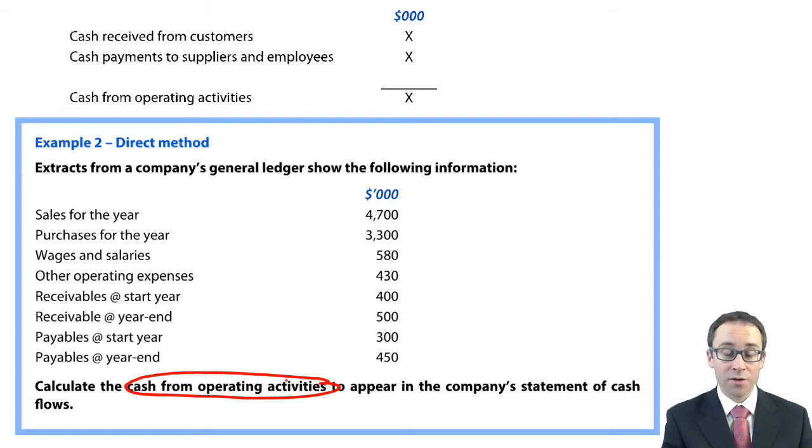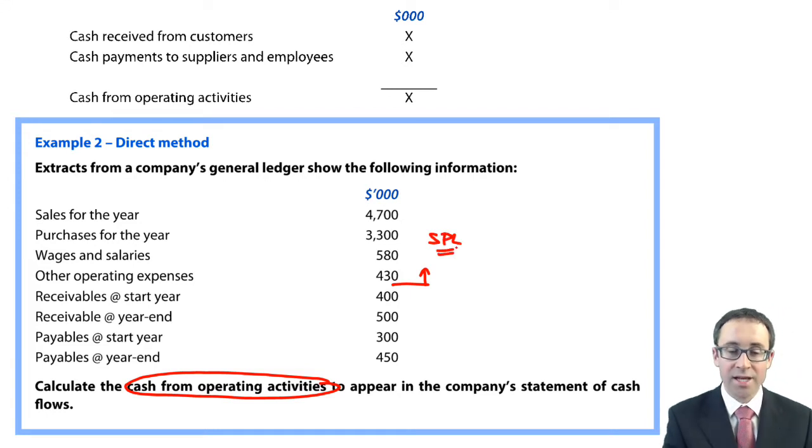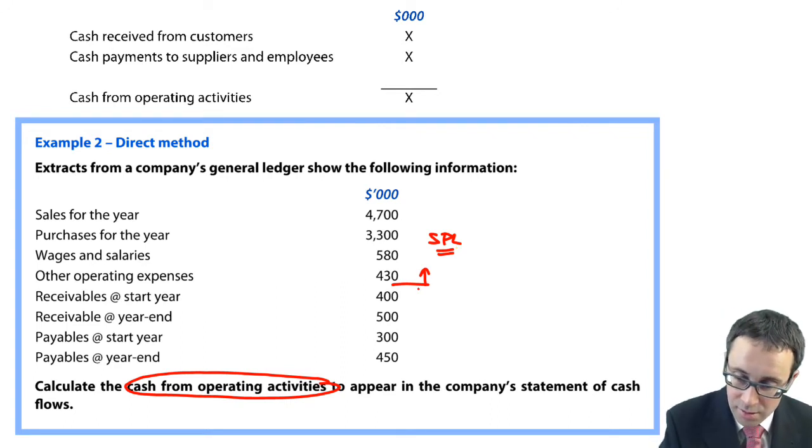You've got some figures at the top straight from your statement of profit or loss: sales for the year, purchases for the year, wages and salaries and other operating expenses.